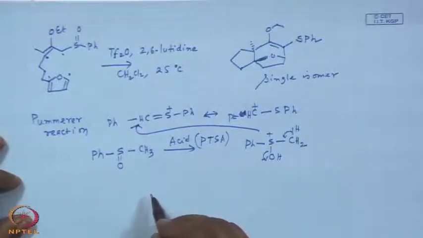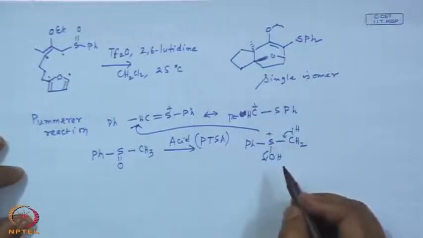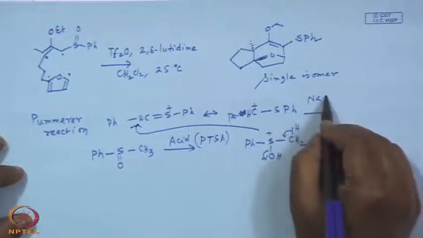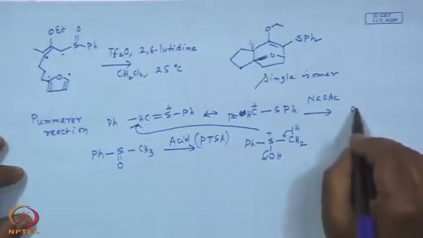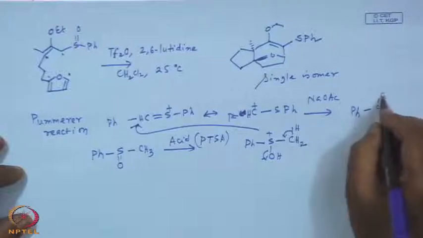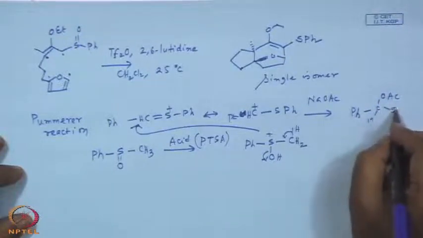And then of course, if you have a nucleophile in the system, for example, let us say sodium acetate, what do you expect? You will expect a Ph, then C, and hydrogen here, S and Ph.